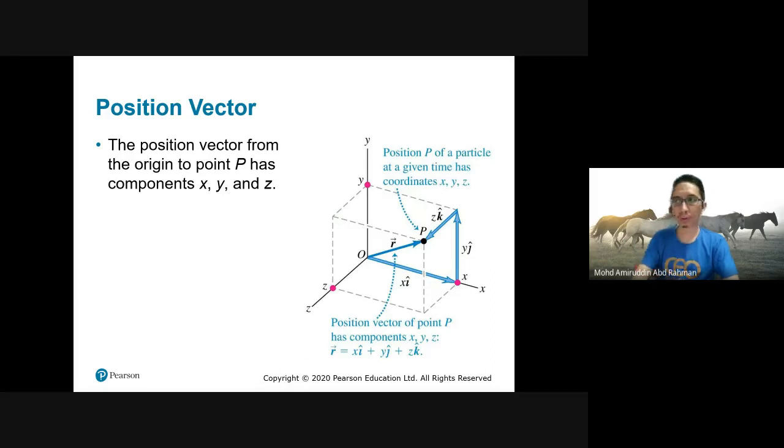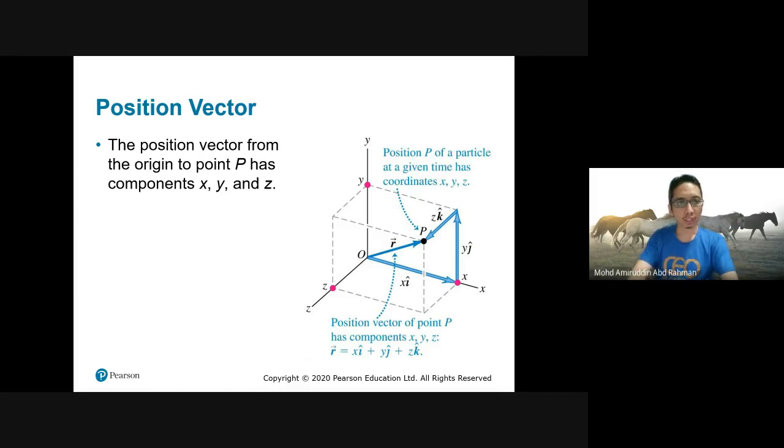Before this, we learned how to solve the product of vectors. Now we are introduced to the position vector.